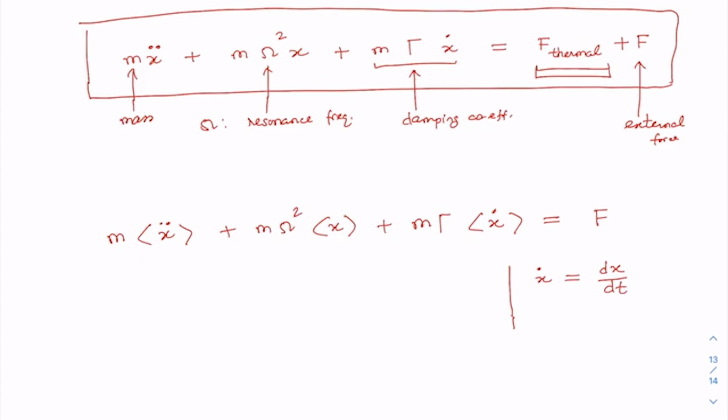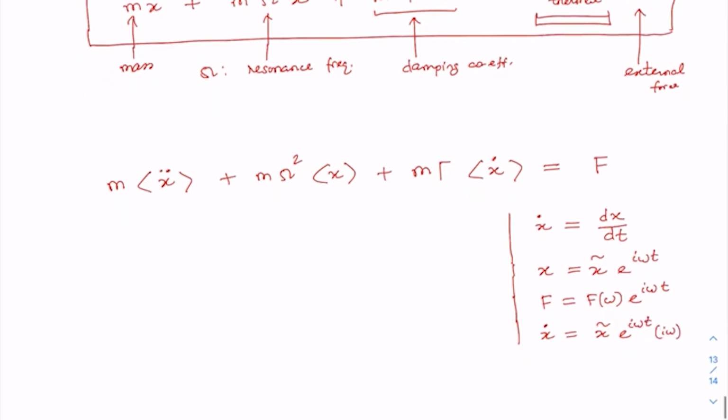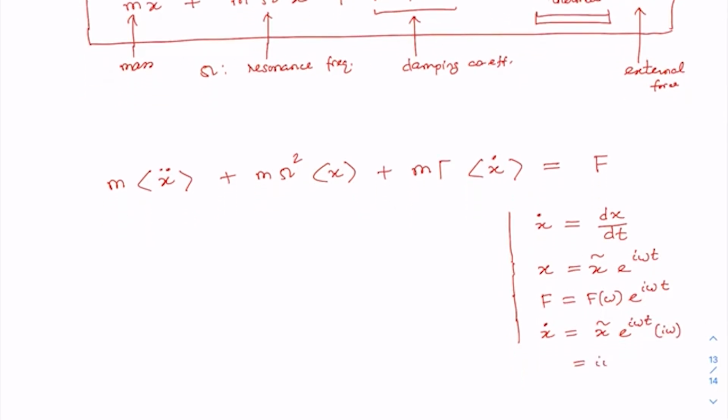So if we work in the frequency domain, by that I mean, say, x is equal to x tilde e to the power i omega t, and f is equal to f of omega e to the power i omega t, then if I take x dot, I will get x tilde e to the power i omega t times i omega, which is simply i omega x.